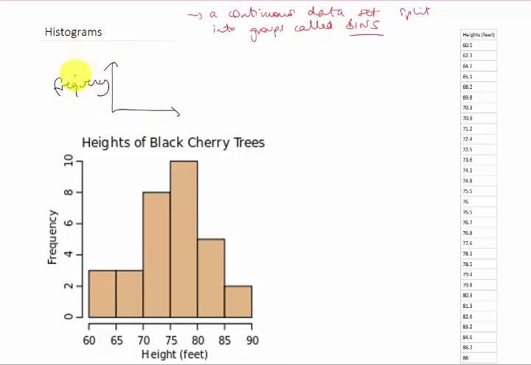So the frequency could be either counts, so here we've just got the number of trees, so 1, 2, 3, 4, 5, 6 trees, or sometimes it's the frequency density.